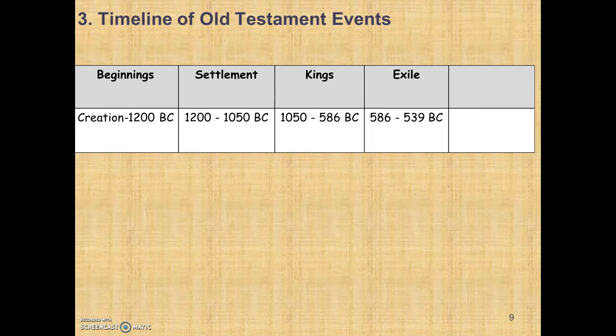And if you remember, 539 marks the date when Cyrus the Great, who was the Persian commander, comes in and conquers the Babylonian kingdom and takes over, and the Persian Empire is settled into Babylon. And at that point, King Cyrus allows the Jews to return back to Jerusalem.